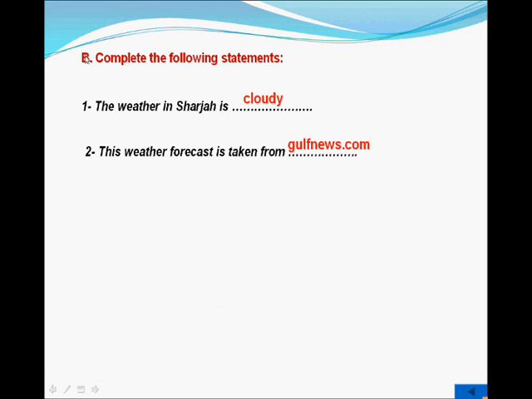So again, in this type of text, the first type of questions is the multiple choice questions. The second type is complete the following statements. So until now we looked at 2 types. Let's look at another type, which is mark true or false.